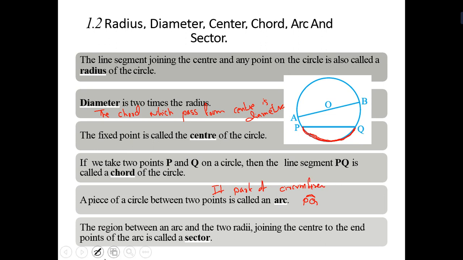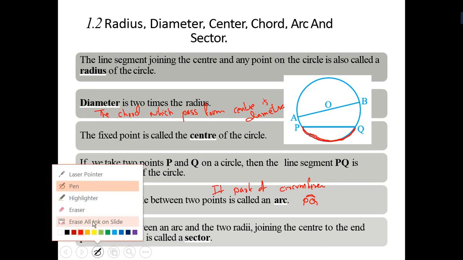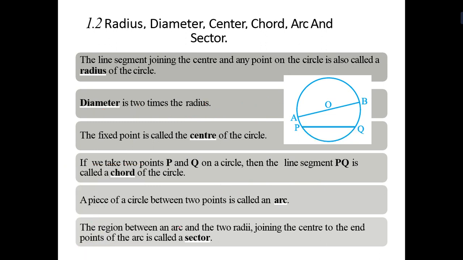Now sector. Region between an arc and 2 radii, joining the center to the end points of the arc, is called a sector.